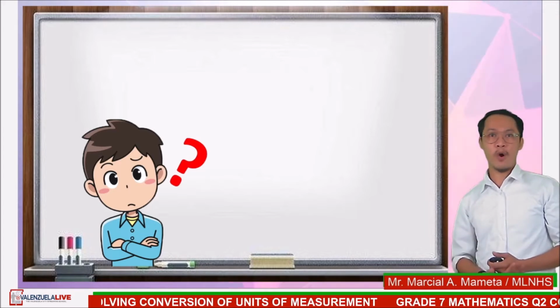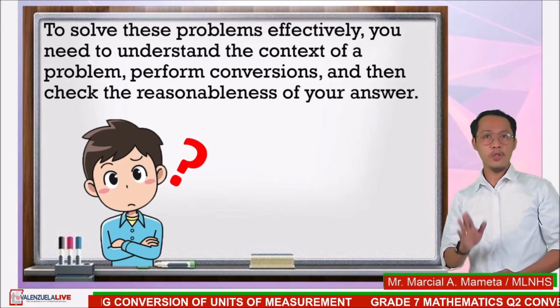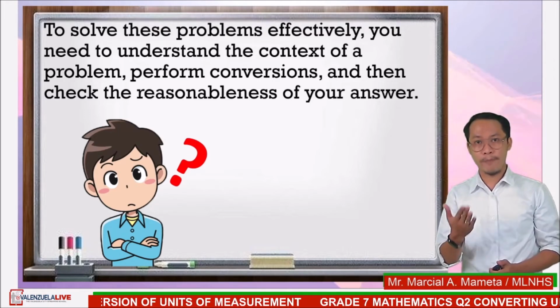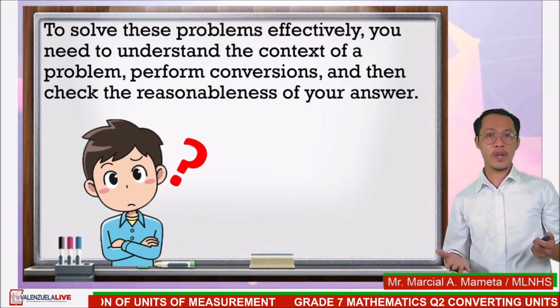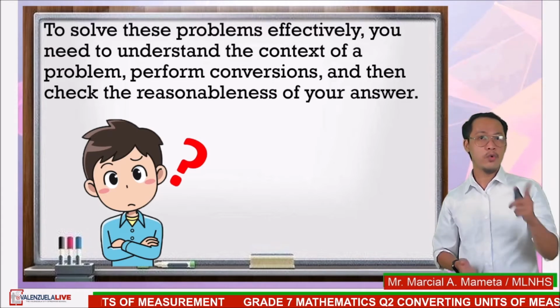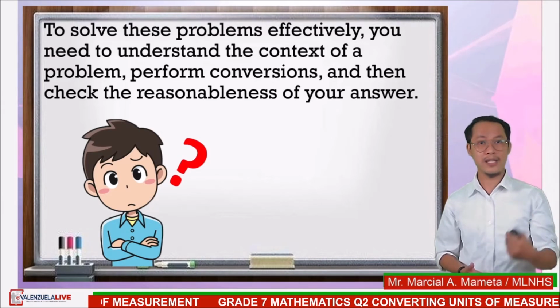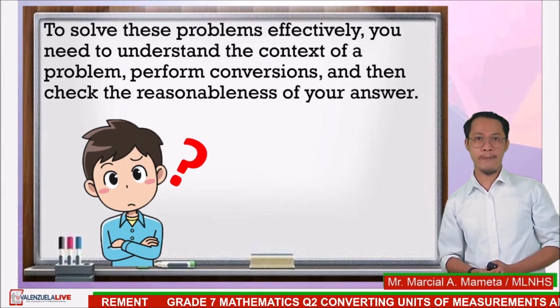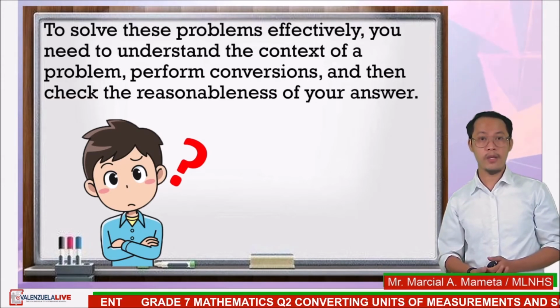To solve these problems effectively, you need to understand the context of a problem, perform conversions, and then check the reasonableness of your answer. Do all these three steps, and you will succeed in whatever measurement system you find yourself using.